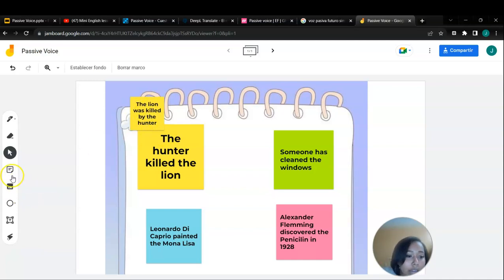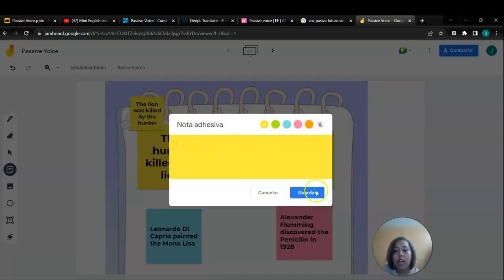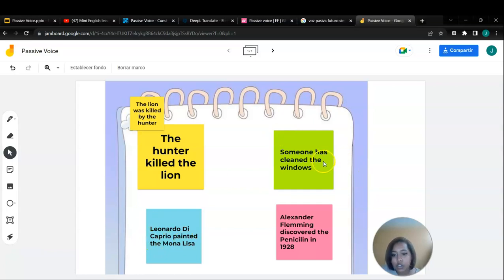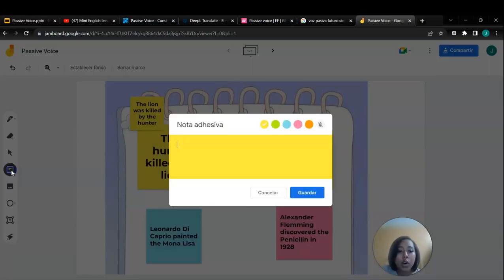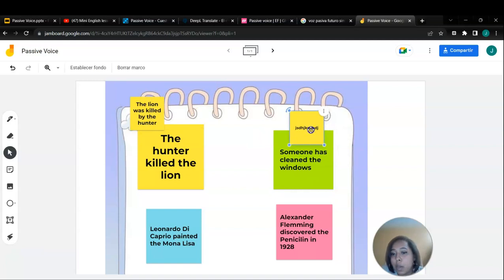So you will need to go ahead here where it says nota adhesiva. You will choose one of these options, like for example, someone has cleaned the window. So you will go here, type your sentence, you will save it, right? And put it on the top of that one.